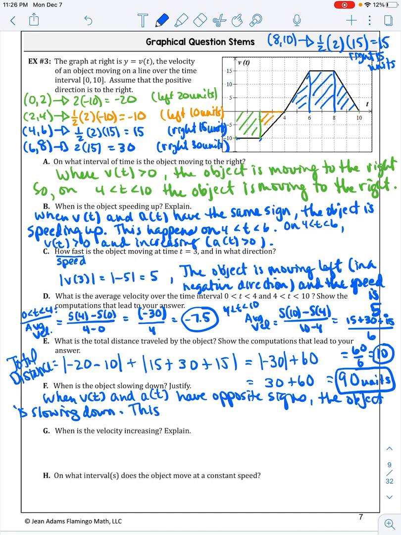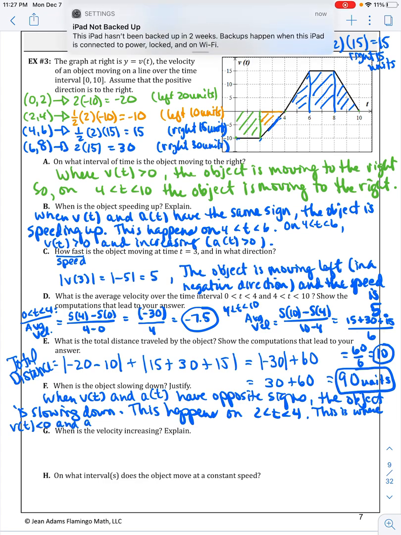And this happens on the interval from 2 to 4, because look, from 2 to 4, your velocity is under the x-axis, so it's negative, but your slope here is positive. So you have positive acceleration and negative velocity. And so I said this is where v of t is less than 0 and a of t is greater than 0.